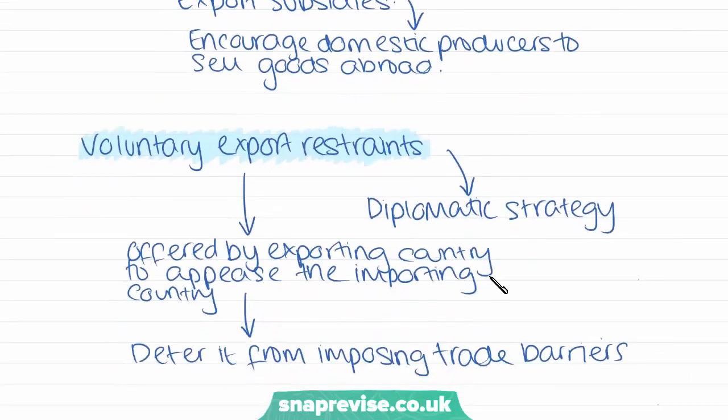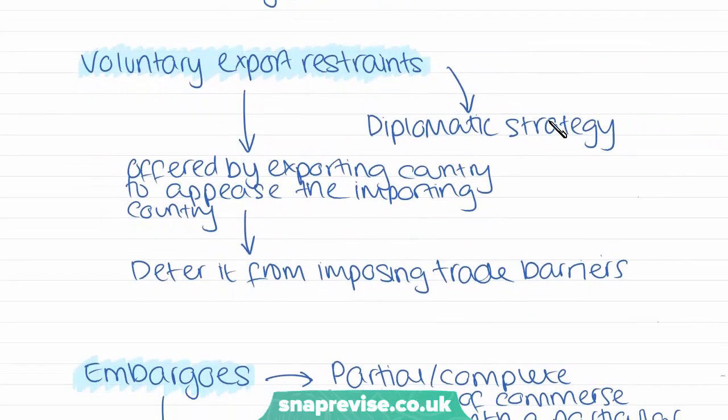Then we have what are called voluntary export restraints, and this is a diplomatic strategy which is offered by exporting countries to appease the importing country and deter it from imposing trade barriers.